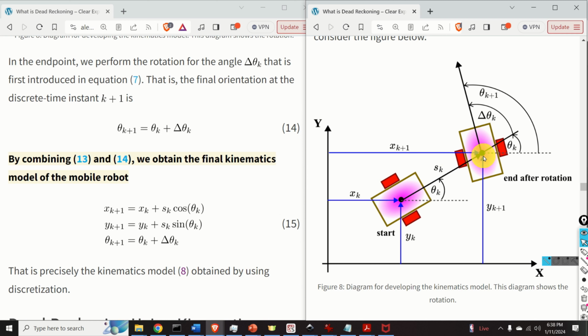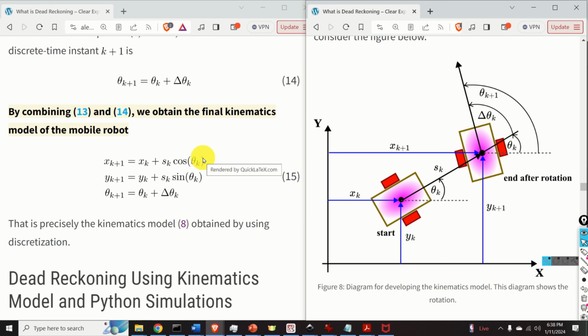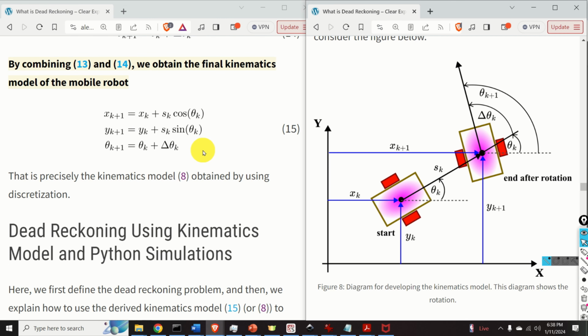Namely, over here we need to perform rotation for the angle delta θk. That is, the final orientation at the discrete time step k plus 1 is actually θk plus delta θk, and that's precisely this equation. Now, by combining the previous equations, we obtain the final kinematics model of the mobile robot, and here it is. And that's precisely the kinematics model obtained by using discretization of the equations.